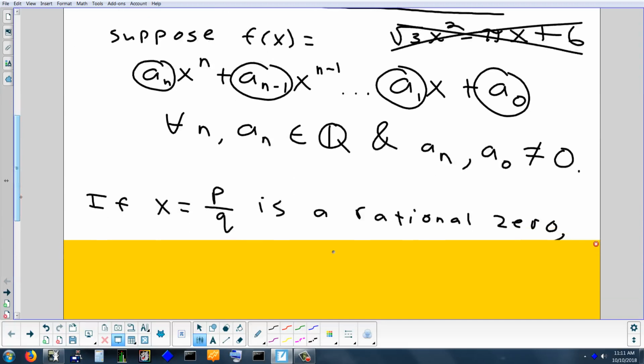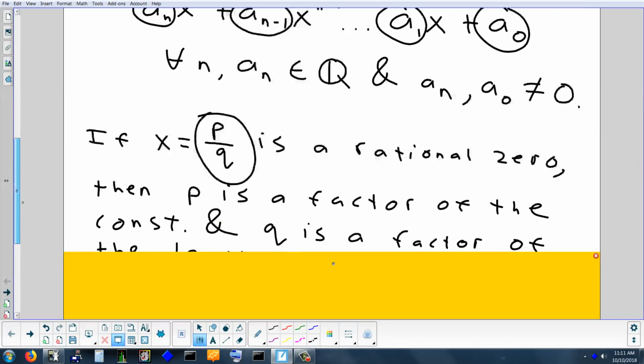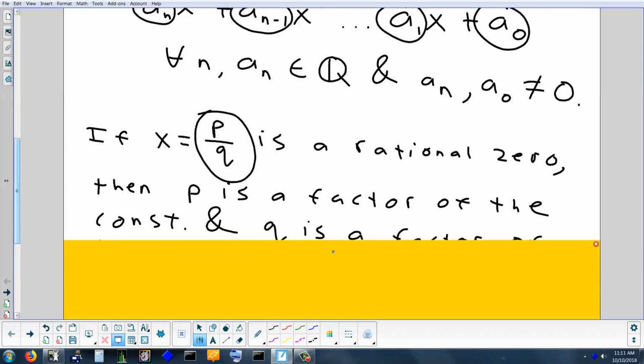So if you have a rational root, it can be written as a fraction. I'm going to call the fraction p over q. The only question is, how do you get p? How would you get the top of the fraction? And how would you get q? How do you get the bottom of the fraction? Well, it's going to come from two things in the polynomial. p has to be a factor of the constant.